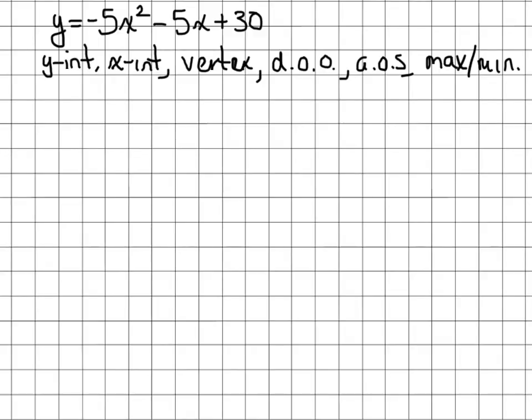All right, so for the y-intercept, this is when x is 0. I substitute that in. I have minus 5 times 0 all squared minus 5 times 0 plus 30.